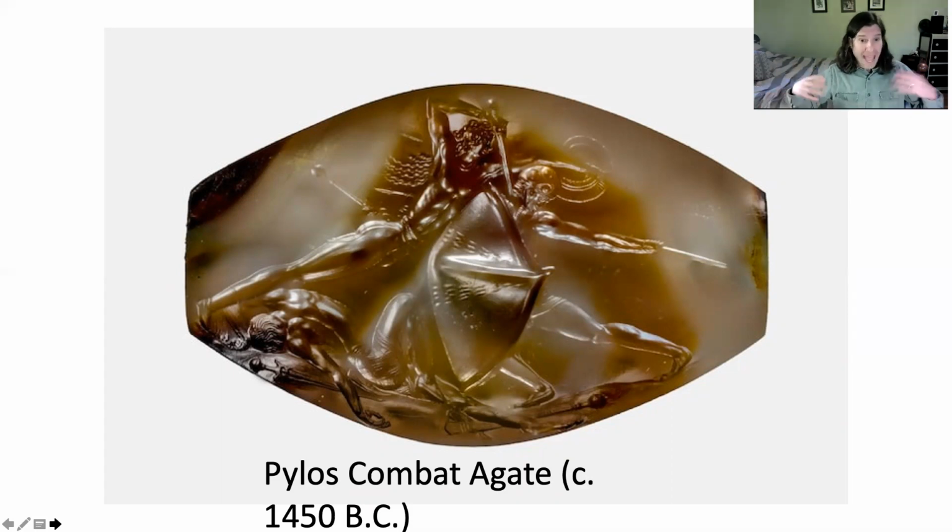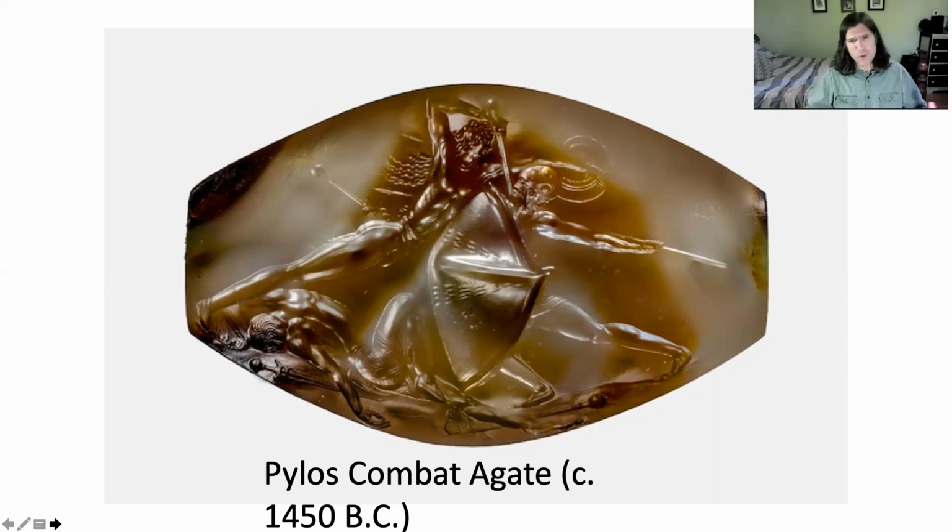So, as we speak, art historians are literally having to rewrite the history of Greek sculpture based on this astonishing work. It's also probably the first battle scene in the history of Western art.